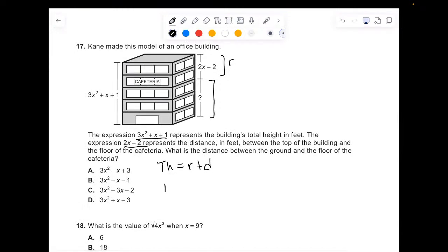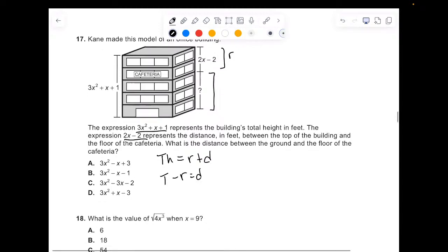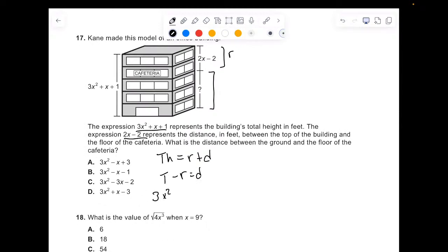So that means total height minus r is equal to the distance. 3x squared plus x plus 1 minus 2x minus 2 is going to be equal to d. 3x squared minus x plus 3 is equal to d. That is a.